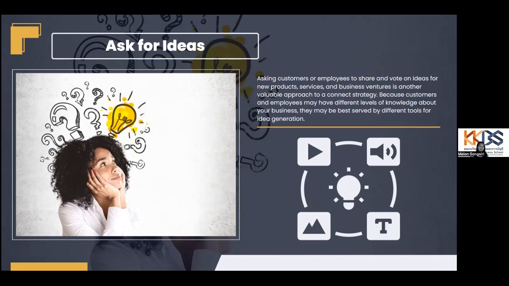Another tool is asking the employee to invest in an idea market.